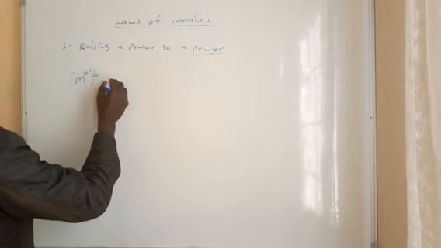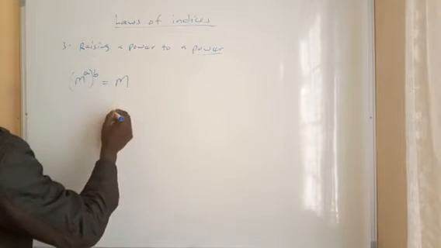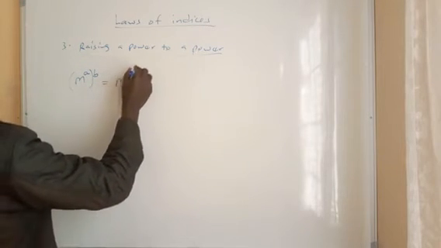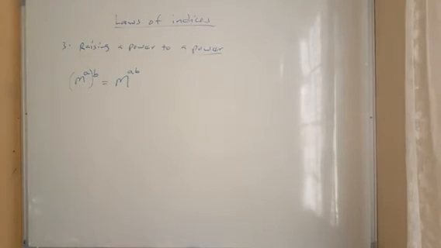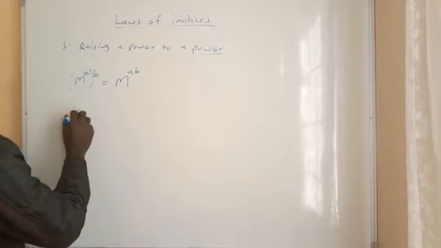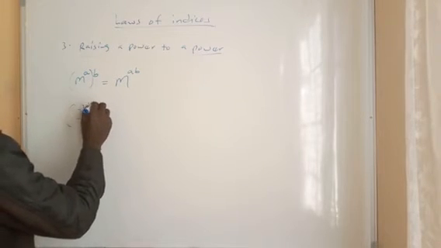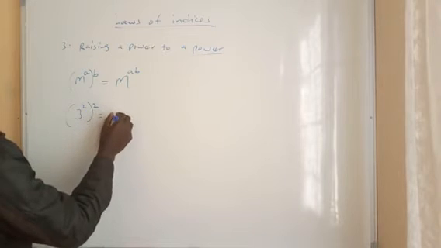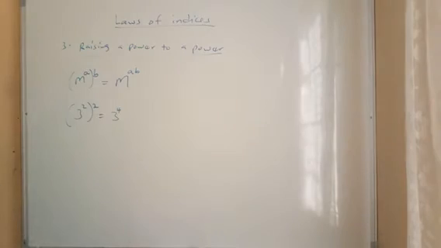So the answer finally becomes, according to the laws of indices, m to the power ab. That means if I have 3 to the power 2 raised to another power, which is 2, then the answer becomes 3 to the power 4, since 2 times 2 is 4.